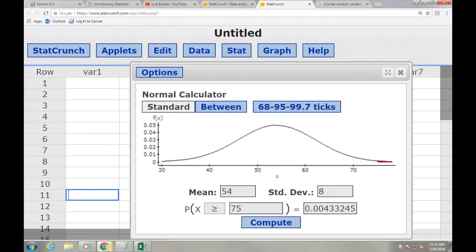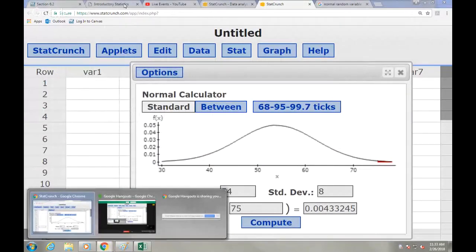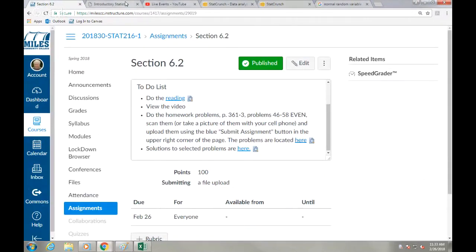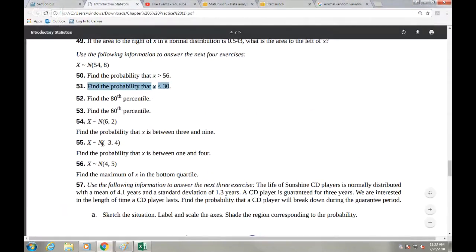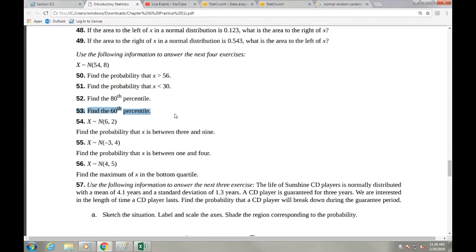Now let's look at the next problem. So there's 51, 53, a different question. And again, it helps to draw the picture. Really important to draw the picture and know what it is you're looking for and what it is you've got.